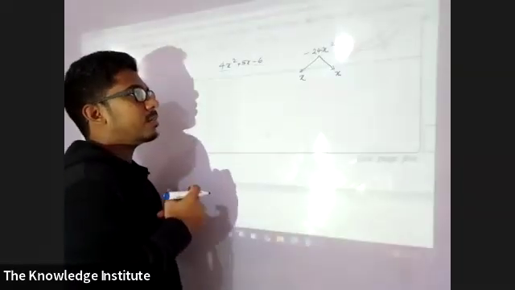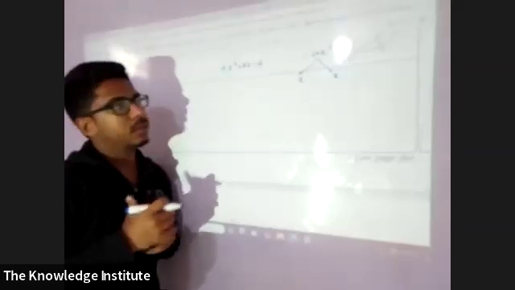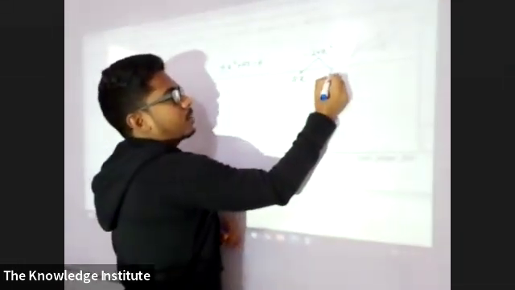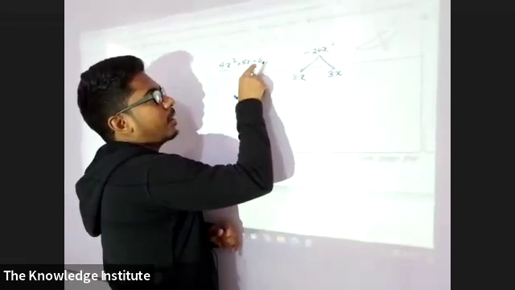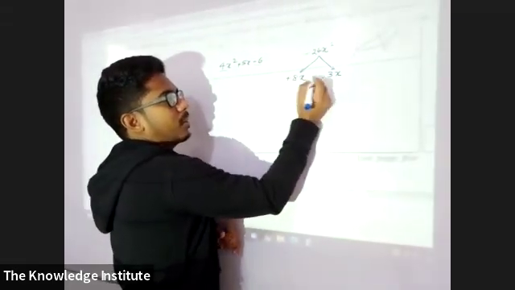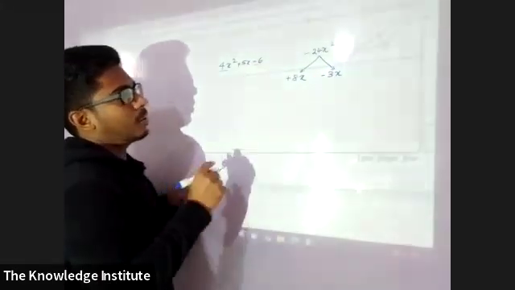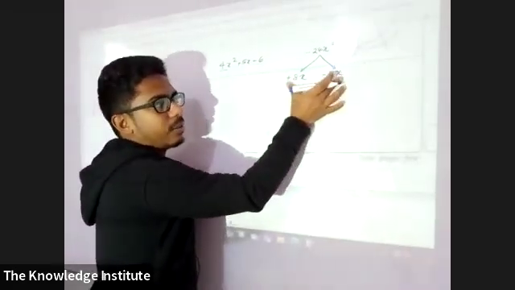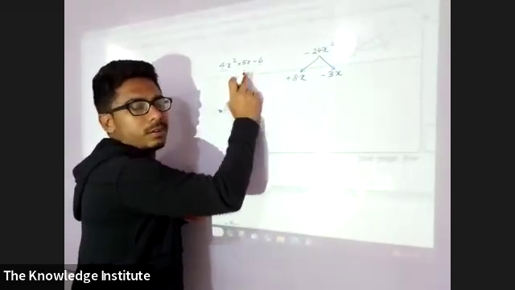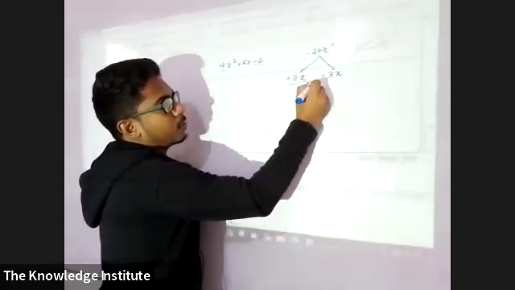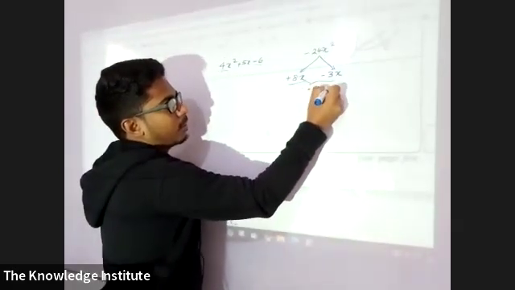How can I factorize 24? 8 into 3. So the bigger one is plus 8x, minus 3x. You can see 8x, and adding these two, you get plus 5x.